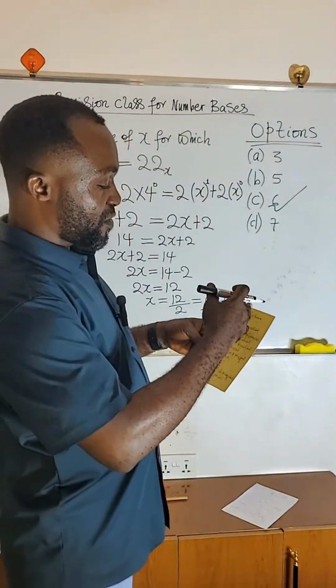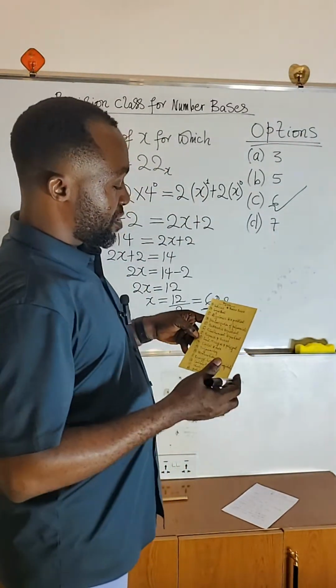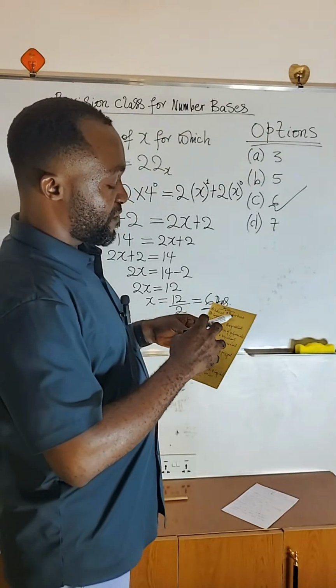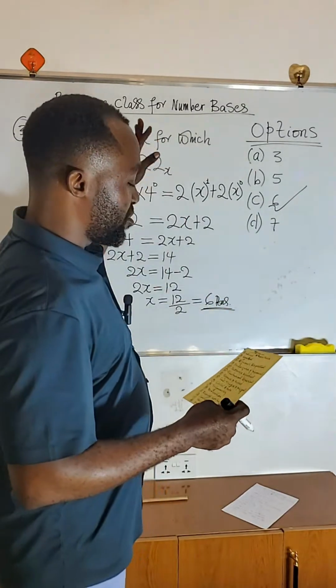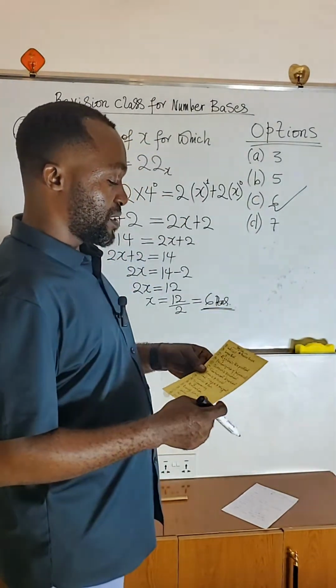So we have a lot of topics to treat here. We are going to treat indices. We have done number bases, and today we are trying to round off with number bases.